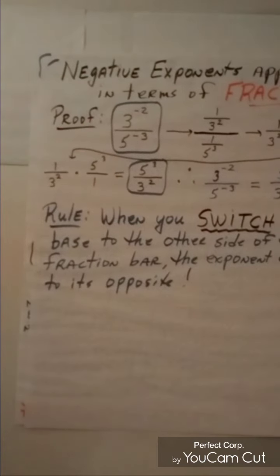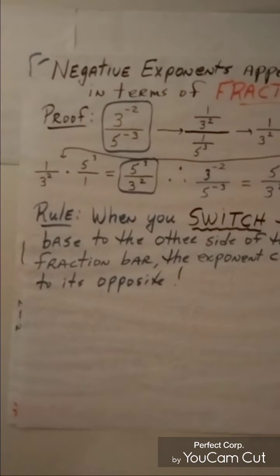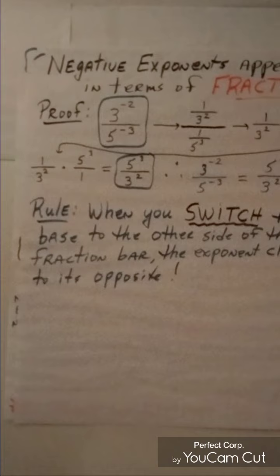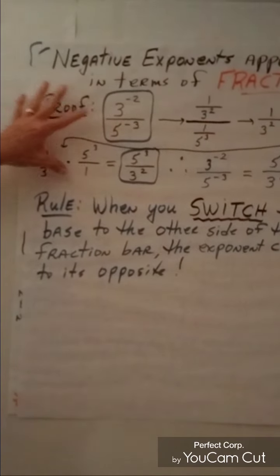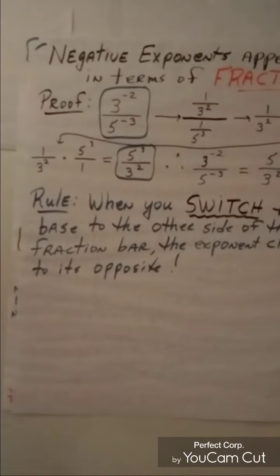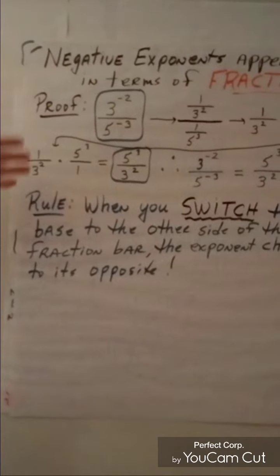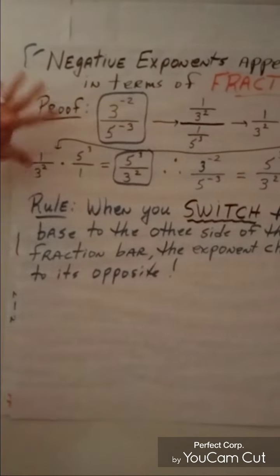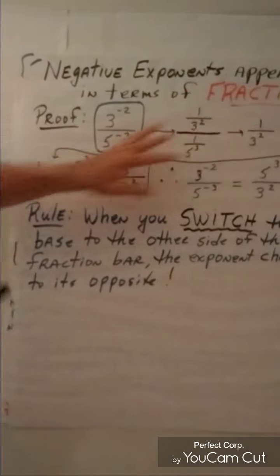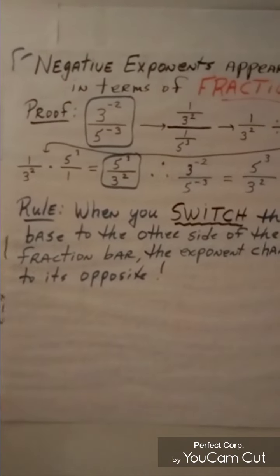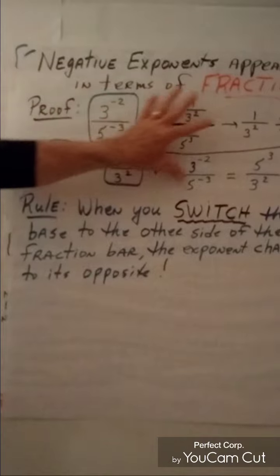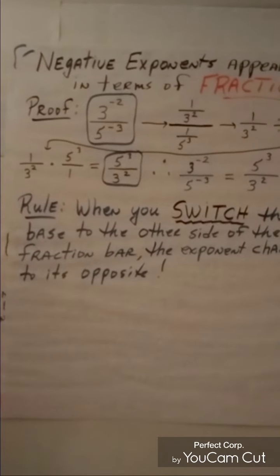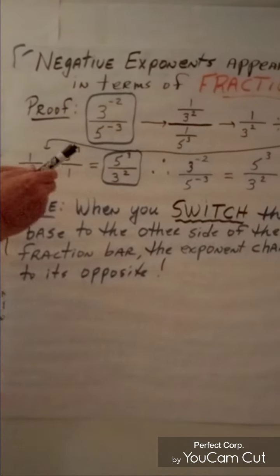Negative exponents appearing in the terms of fractions. What I'm about to show you right here is going to lead to a rule for this kind of expression. You're not going to be writing all of this when you actually do your exercises, but this is being done to give you a reason for this rule that you'll see right down here.